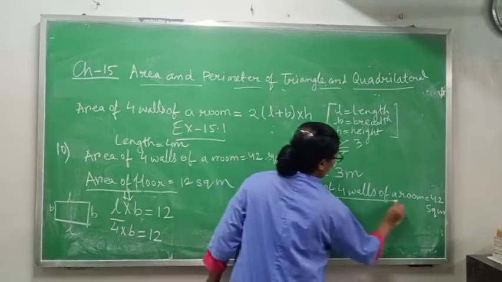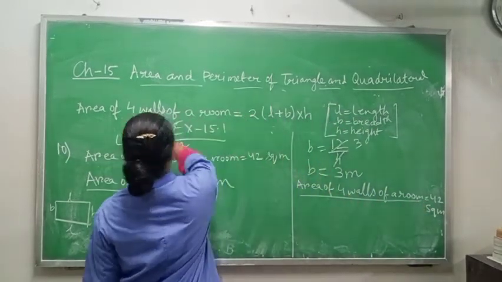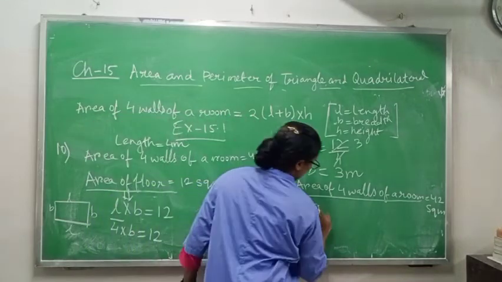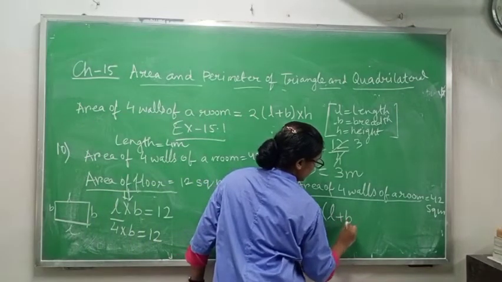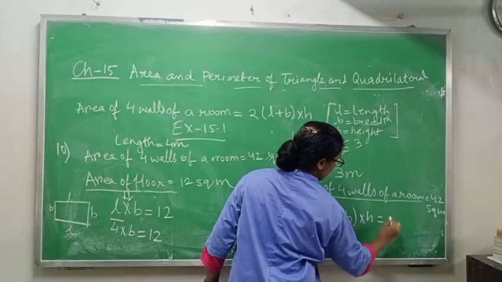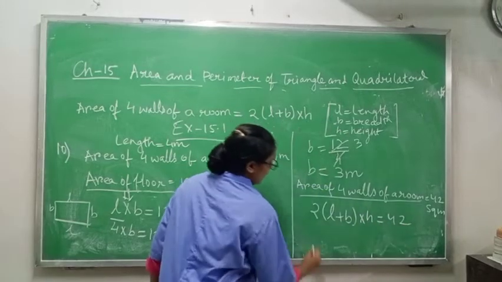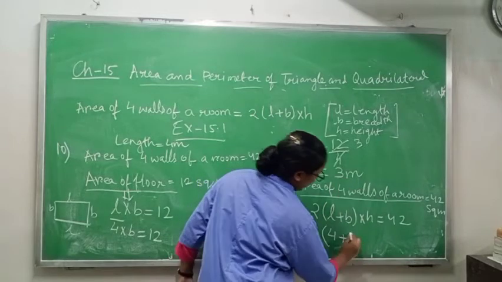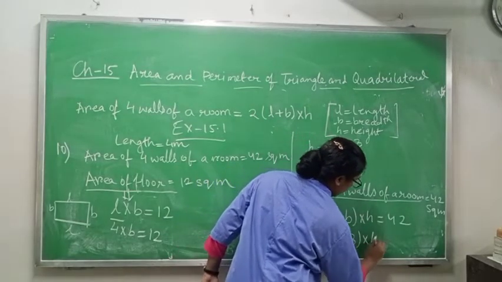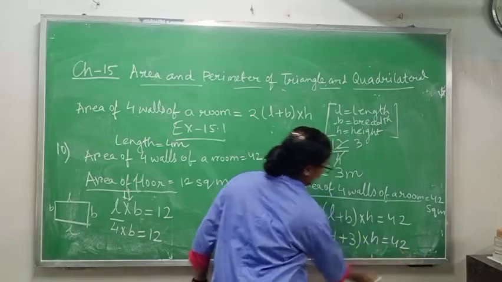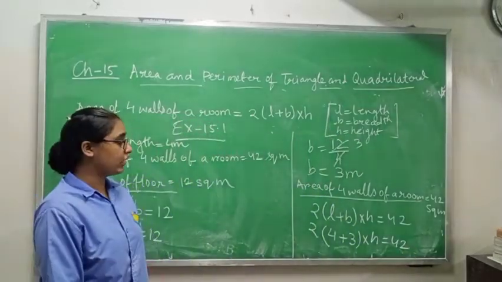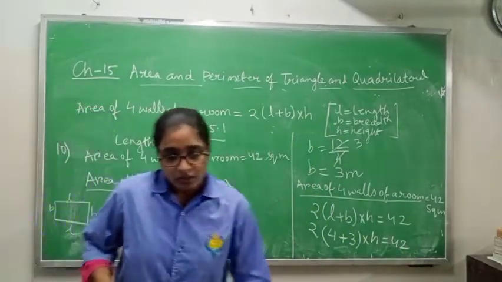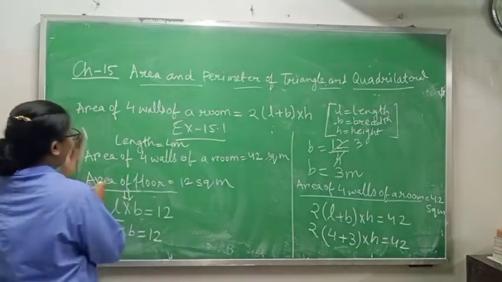Now the formula of the area of 4 walls of a room is 2(L plus B) into H equals 42. Now length is 4 and breadth you are getting 3, into H equals 42. Understood up to here what I am trying to tell you? Now I am rubbing this portion of the formula.